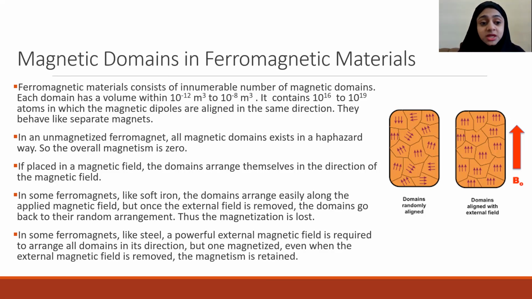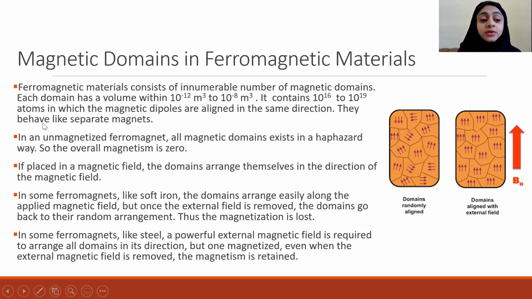And within a domain, the magnetic dipoles are aligned in the same direction. Here you can see different domains. Within the domain, they are arranged in the same direction. So these refer to the magnetic dipoles, the small molecules or atoms within the material which act as magnetic dipoles.